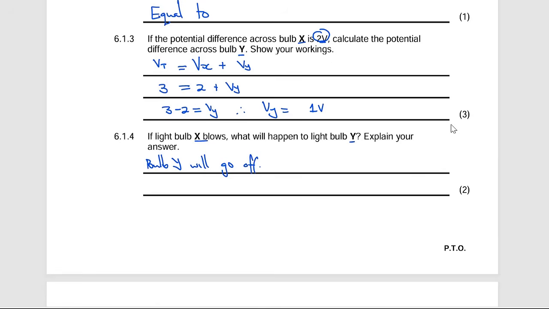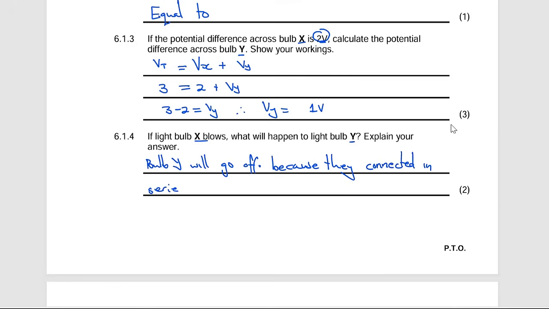So take note, that's the reason why in our houses, whenever they're connecting lights and so on, they are not connected in series, they are connected in parallel, because if one burns out and you have connected them in series, it acts as a switch, right? Why do they go off? Because they are connected in series, right?